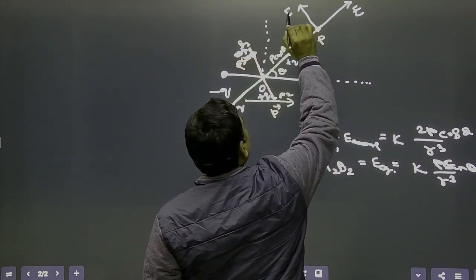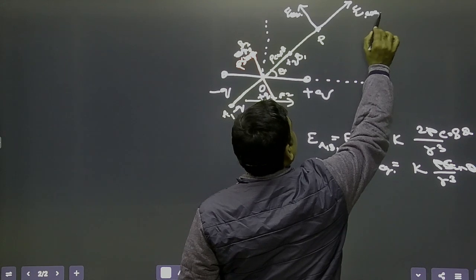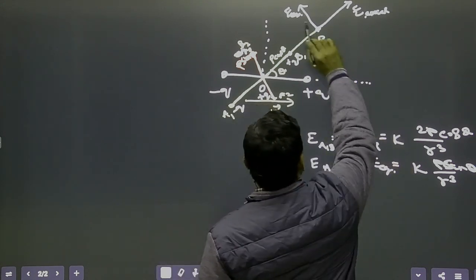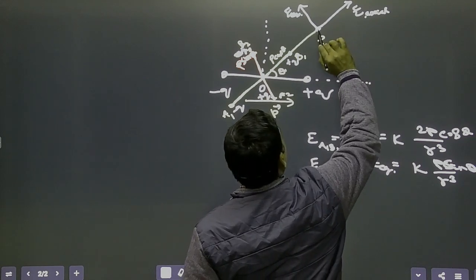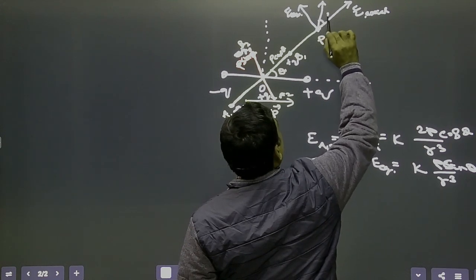This is your E equatorial, and this is your E axial, which we have calculated. The resultant of these two will be in this direction, and suppose it makes an angle alpha.